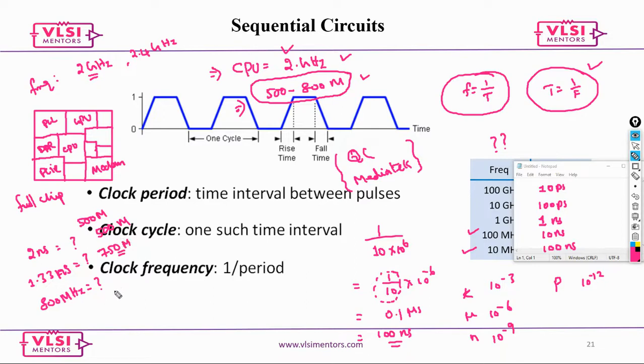And for the third one, 800 megahertz, it is going to be 1.25 ns.